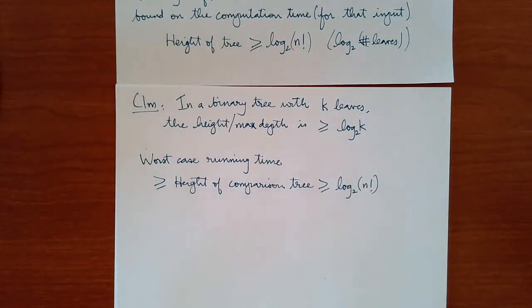How much is that? How much is the log base 2 of n factorial? Anyone wish to hazard a guess? Can you give me a quick and dirty bound? Just give me a lower bound. N squared?